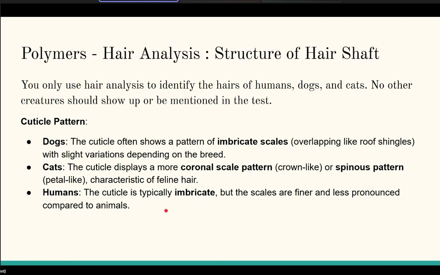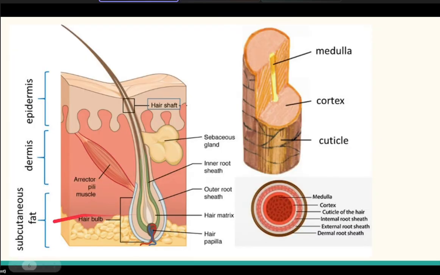And then human ones are typically imbricate, but less pronounced than dog. There are not too many features, just a lot of these imbricate scales. We're talking about the cuticles here; the cortex and the medulla you don't need to know because they're inside the hair.